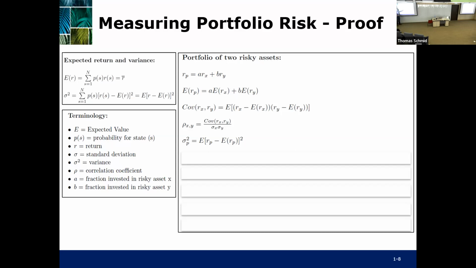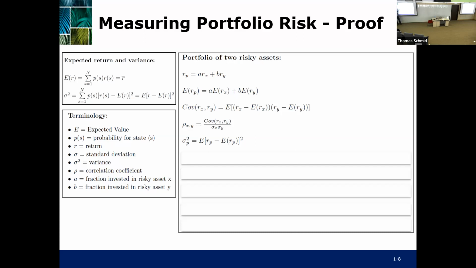So now let's start. What is the variance of the portfolio that consists of those two risky assets? Well, the variance of the portfolio follows the variance formula like all other things. It's nothing else than the return of that portfolio minus the expected return, probability weighted across all different states, which is indicated by this E, and that's squared.